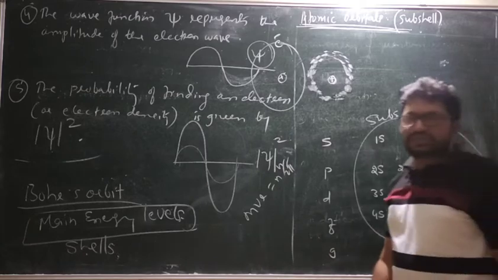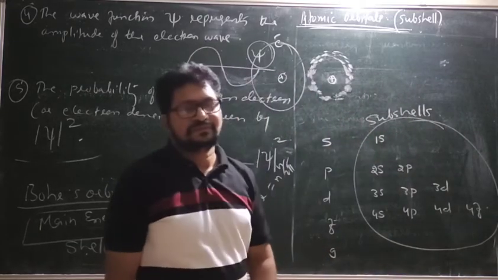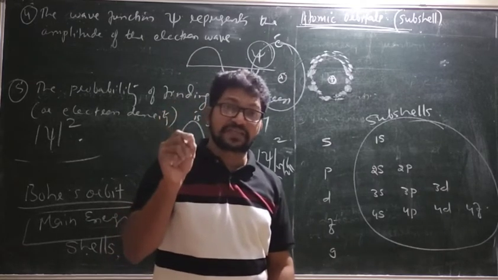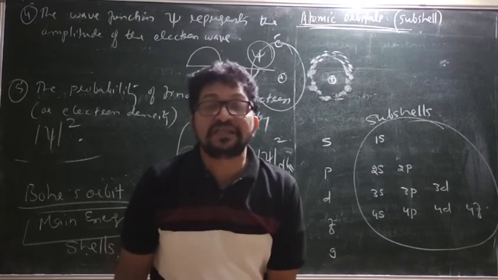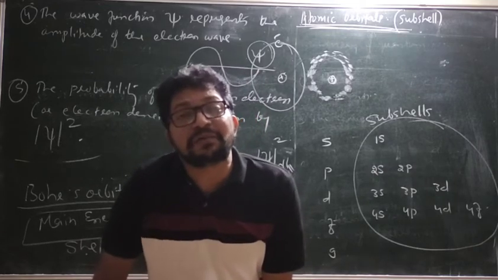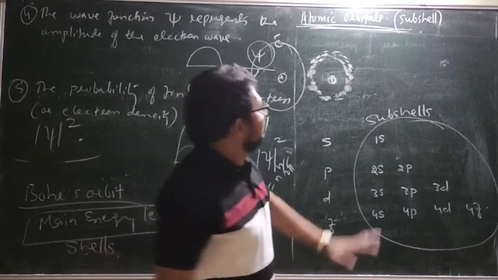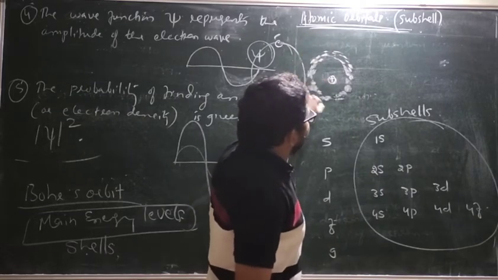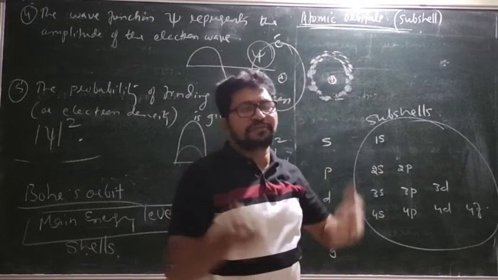We say the s orbital is spherical. 90% it is here, 85% it is in the spherical shape.